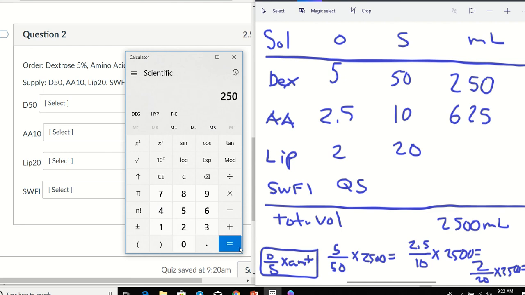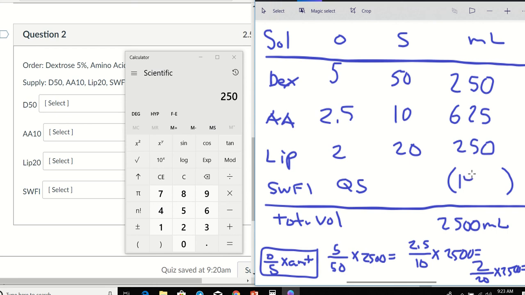You got 250. Very good. So we use 250 dextrose, 625 amino acid, 250 lipids. So how much water do we need to use to fill up the difference? We got to get up to 2,500.